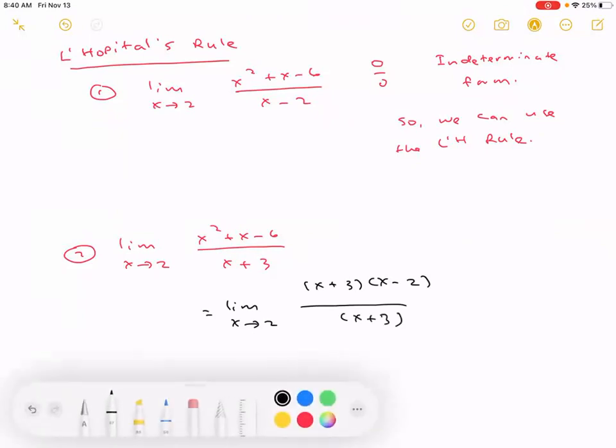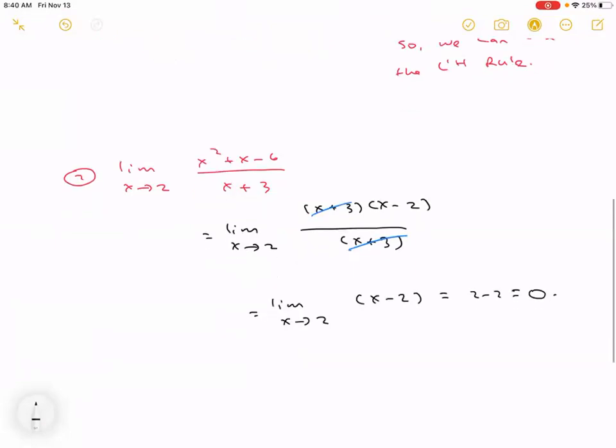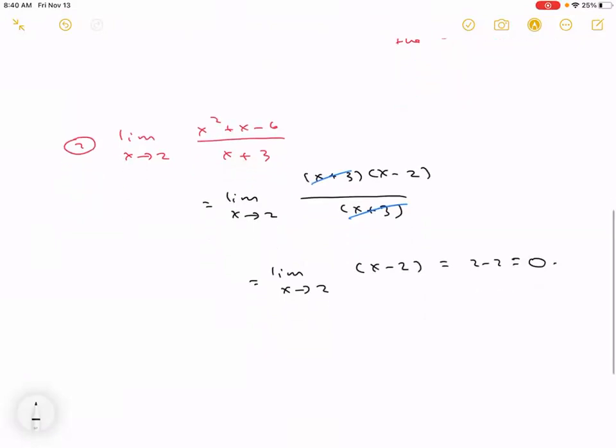So x plus 3 cancels out. What is left? What is the limit? Correct? Are you all okay with this? The limit is 2. Now try applying L'Hopital's rule here.